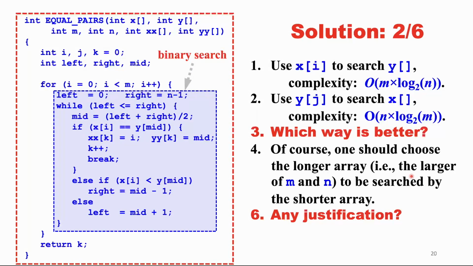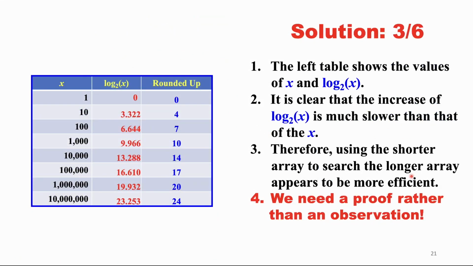Then we need a justification. Let's take a look at this table. This is x. This is log 2x. So log 2 of 10 is this. And log of 10 million is 23.253. Rounded up is 24.